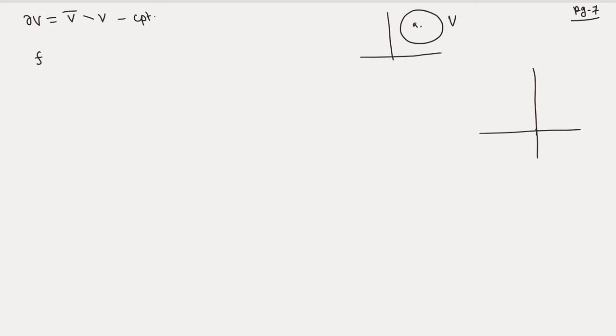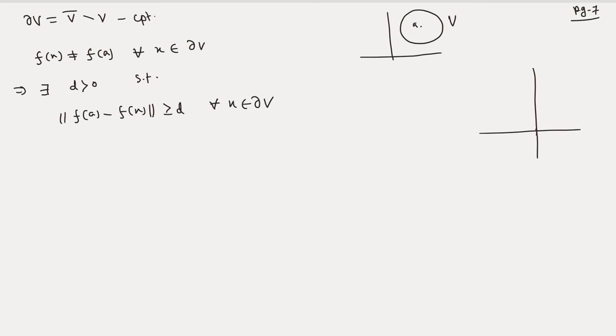Also we have f of x not equal to f of a for all x in the boundary of V. The boundary of V is compact, so this implies there exists some positive real number d such that the norm of f of a minus f of x is greater than or equal to d for all x belonging to the boundary of V. Suppose this is f of a.